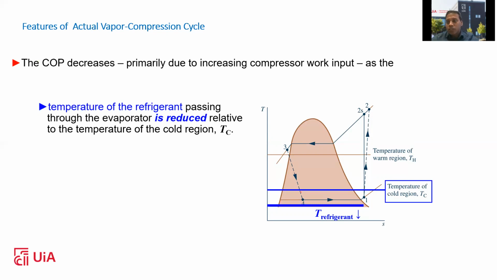It may reduce the COP, which is actually a negative impact on the COP. Okay. So you have to remember that for the actual cycle, the COP will actually decrease gradually.